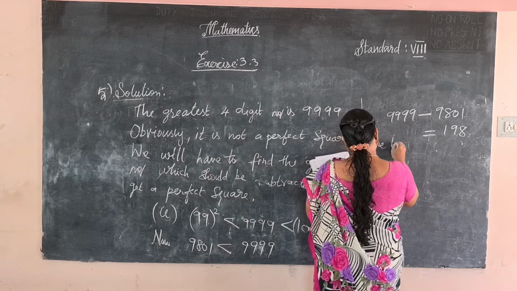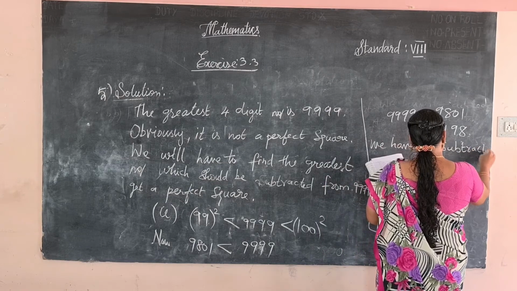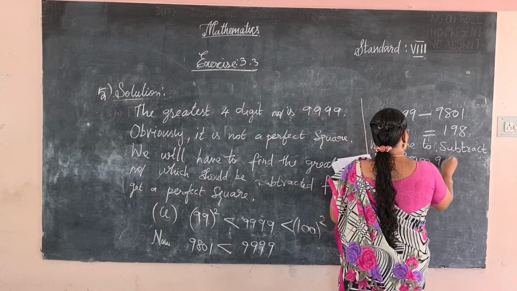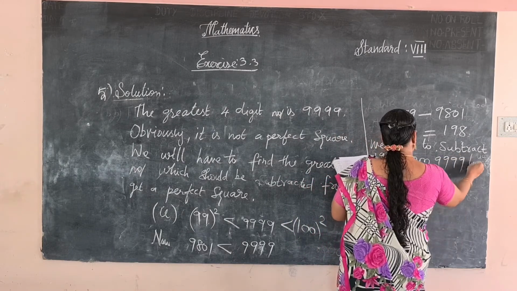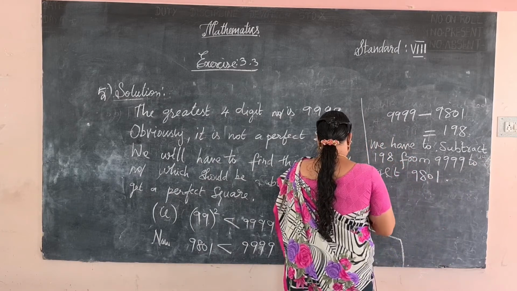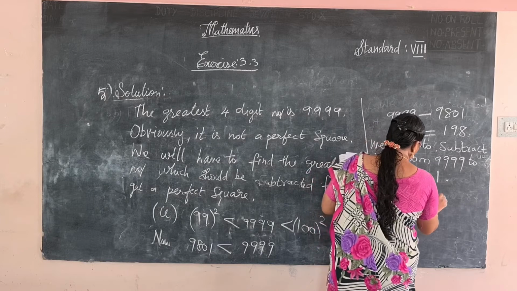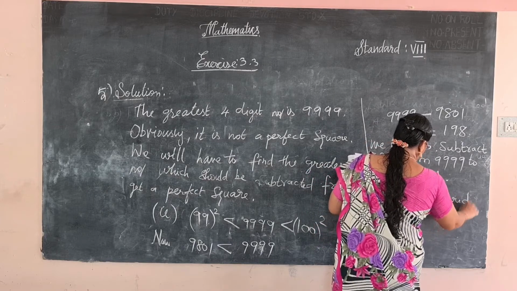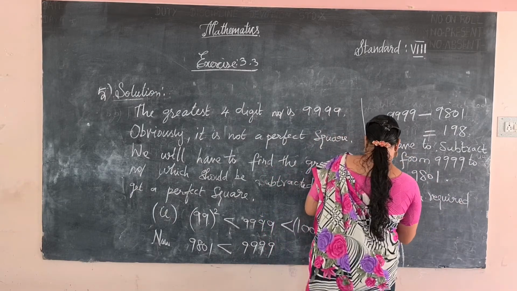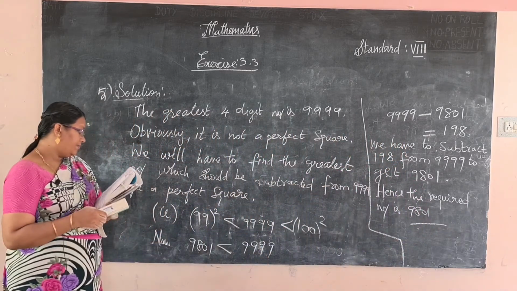So we have to subtract 198 from 9999. Hence the required number is 9801. Okay, that's it.